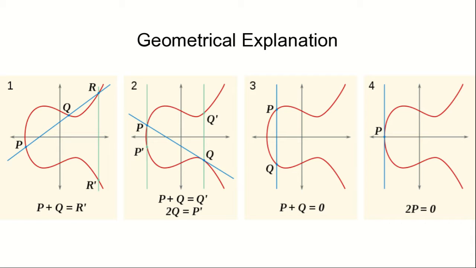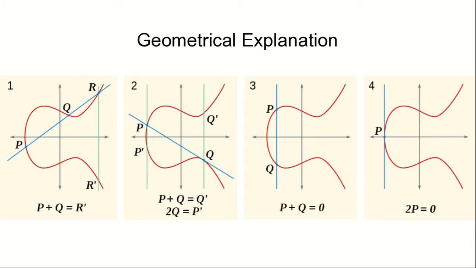We obtain R prime, and R prime equals P plus Q. In the second one, we have point Q. The tangent line from Q intersects the curve at point P. Reflecting P, we obtain P prime, and it is equal to Q doubled. And in the third and last one, the result is at infinity.